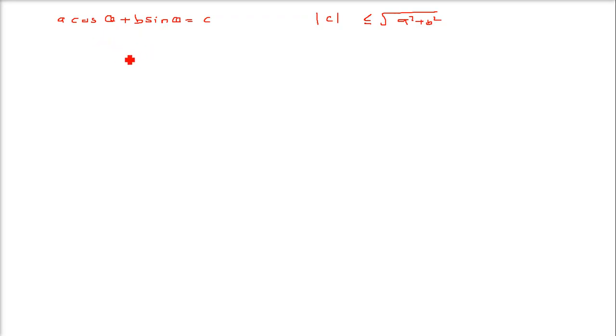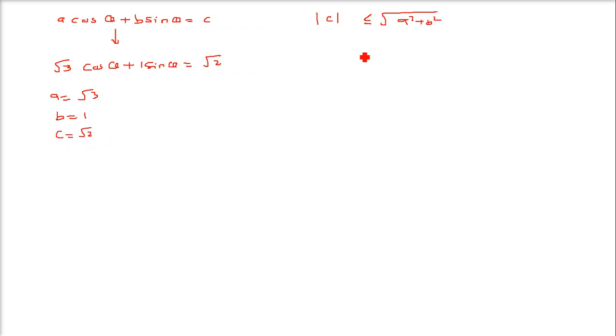In order to do it, I'll take an example and try to tell you the algorithm using a question. So let us take a question like this: root 3 cos theta plus sin theta equal to root 2. Now, if you equate this equation with the general form, you see that a is root 3, b is 1, and c is root 2.